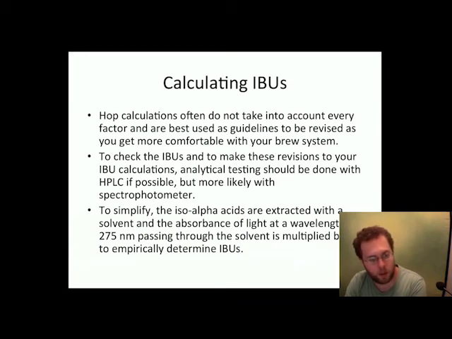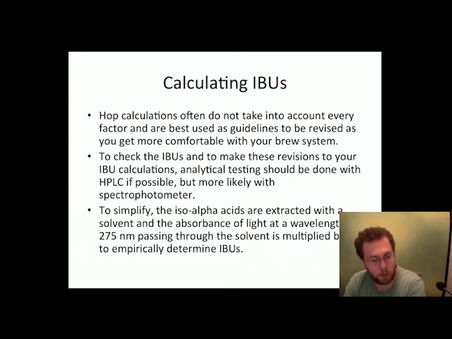The hop calculations often don't take everything into account, so you'll probably have to revise it over time based on what you're seeing, and from lab results and such, you might have to make an adjustment. To check the IBUs, there are some different analytical ways you can go about it.